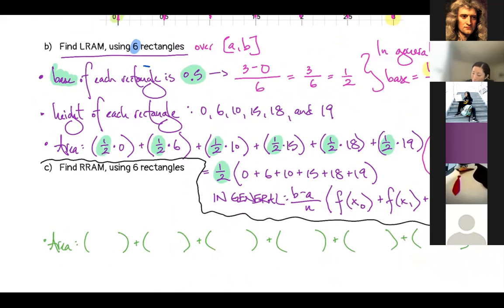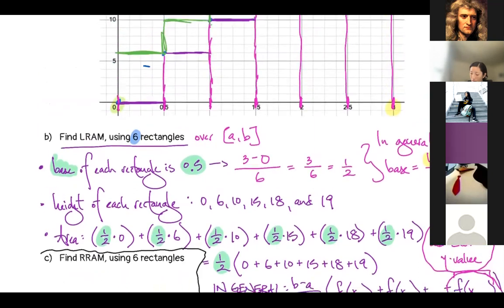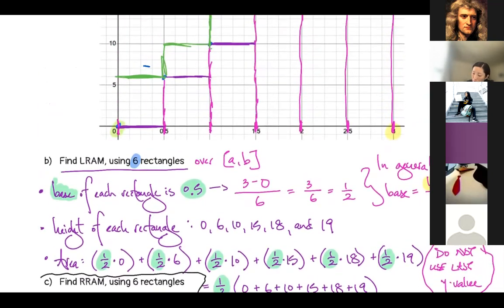Now, every single rectangle will have a base of 1/2, and we know that because we made it that way. Now, let's think about the heights of each of the rectangles. So this first rectangle, is this height, would you say that is f of 0 or f of 0.5?